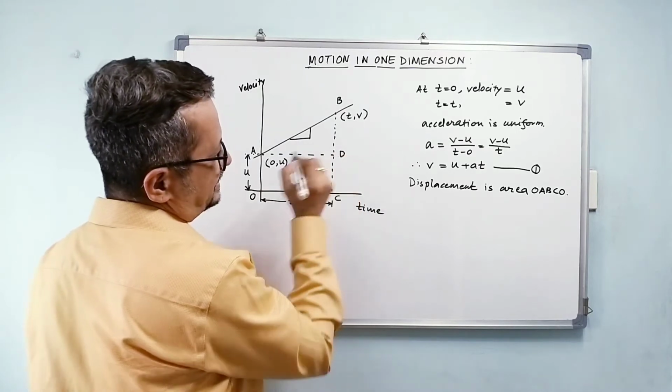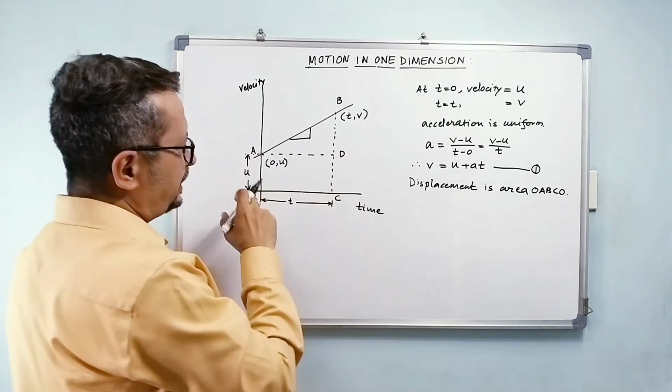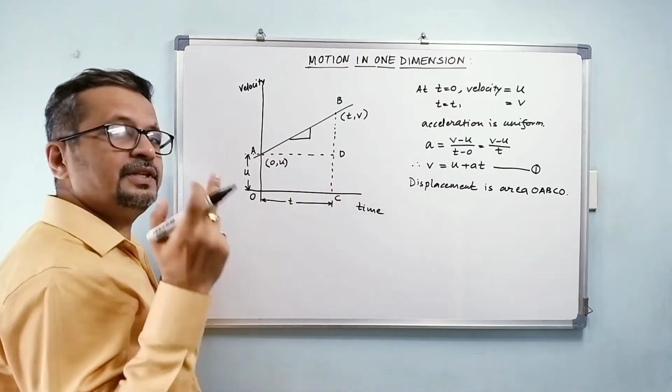If we call this point D, then it is the area of the trapezium. And what is the area of a trapezium?